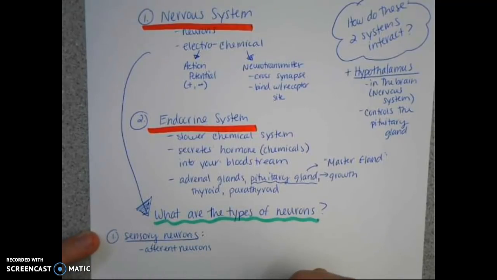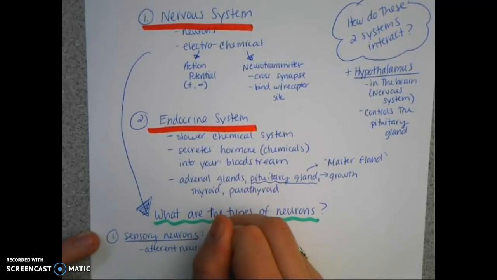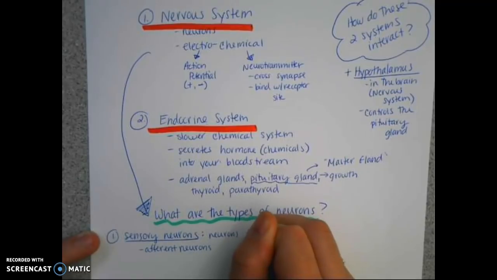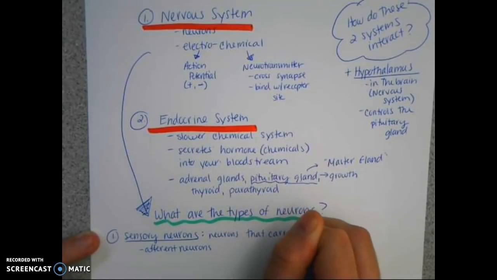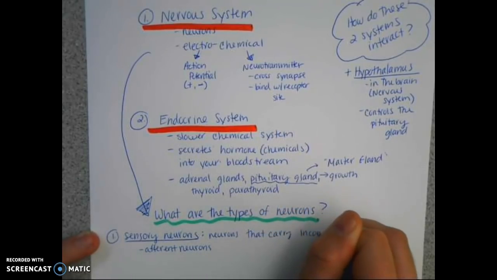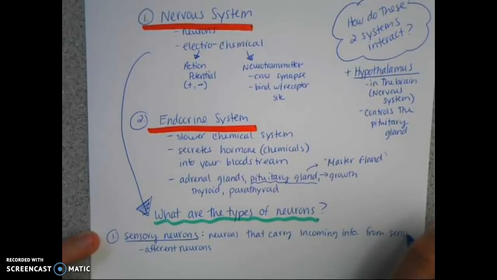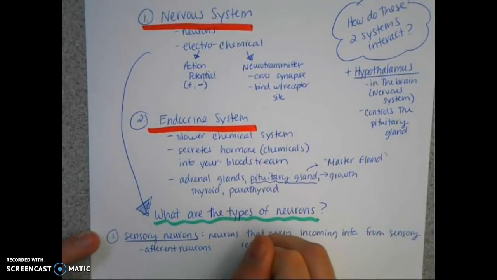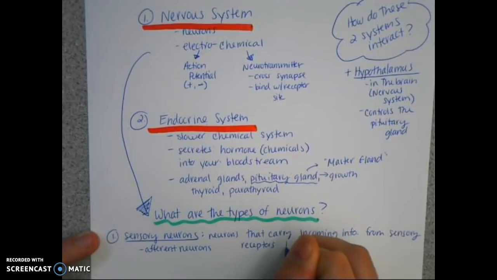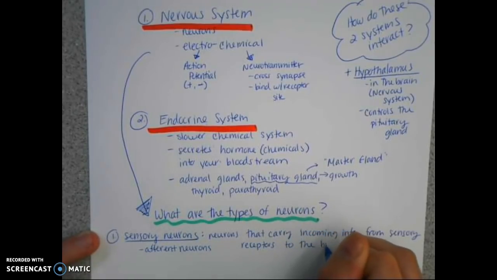Sensory neurons are neurons that carry incoming information from sensory receptors to the brain and spinal cord.